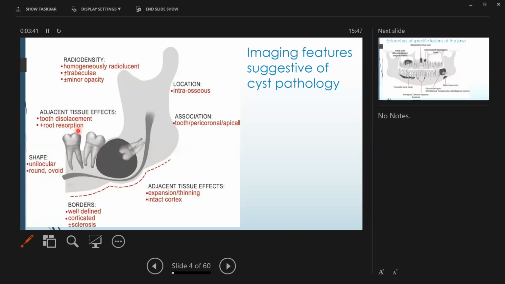But basically cystic lesions usually displace the tooth rather than resorb it, because resorption is a characteristic of benign tumors. And regarding the radio density, whether it is completely radiolucent, or you can see some internal trabeculae, or sometimes there can be some calcifications within the cystic lesion.